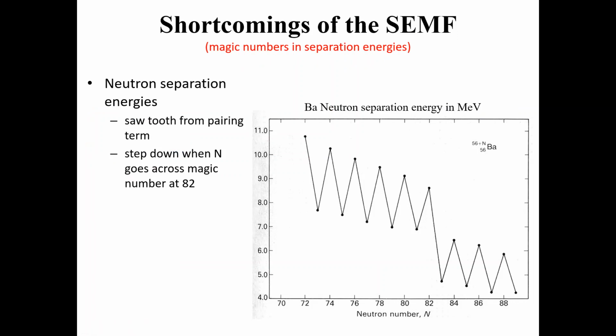Another disadvantage of the semi-empirical mass formula concerns the magic number and separation energy, that is, neutron separation energy. Here we take the example of barium. Last time we took two isobars and discussed how they come toward barium, the stable nucleus, after beta decay.